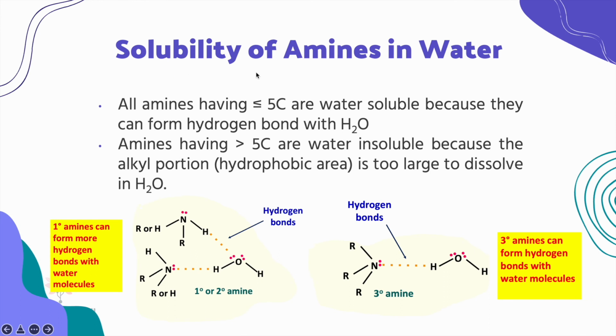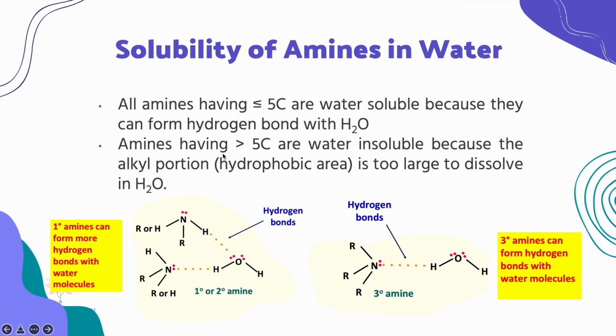Solubility of amines in water. All amines having less than or equal to 5 carbons are water soluble because they can form hydrogen bonds with water. 5, 4, 3, 2, 1 carbon in amine, water soluble, because we know amine has NH, so it can form hydrogen bonds with water.